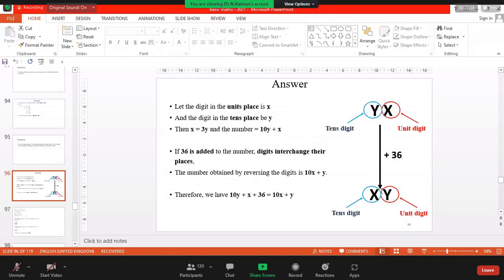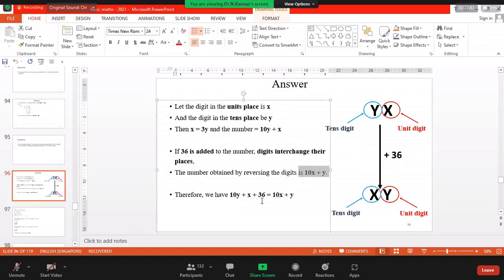To relate these two, you have to develop a mathematical equation. 10y plus x is your number. If you add 36, it changes its position to 10x plus y. But these two are equal, because we are targeting one number. You got it? Yes, sir.